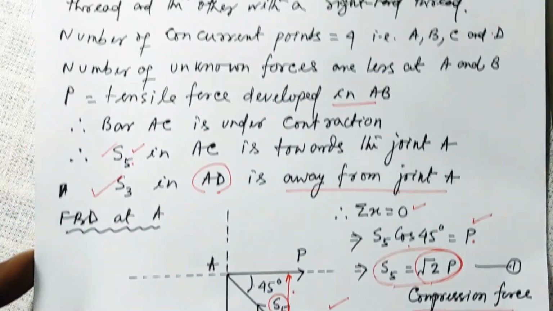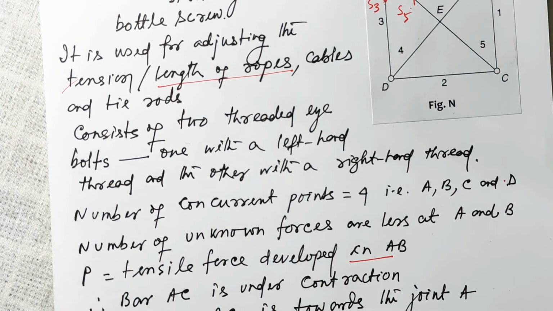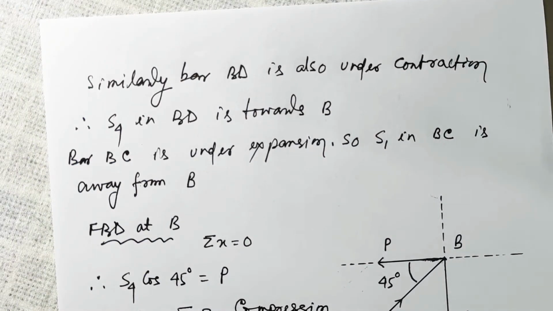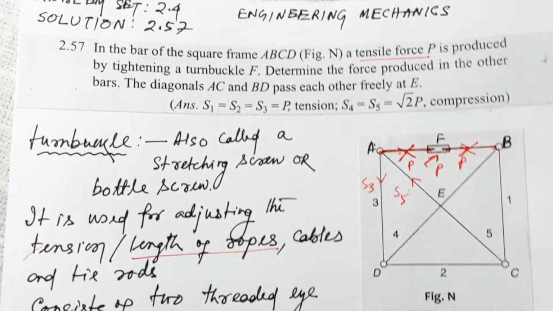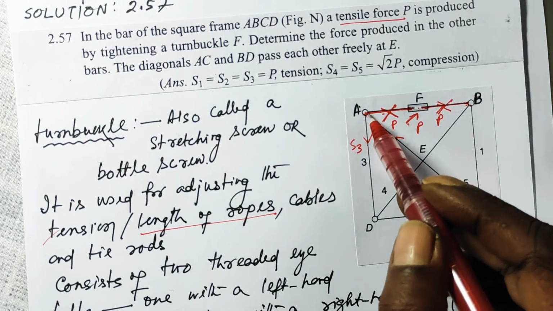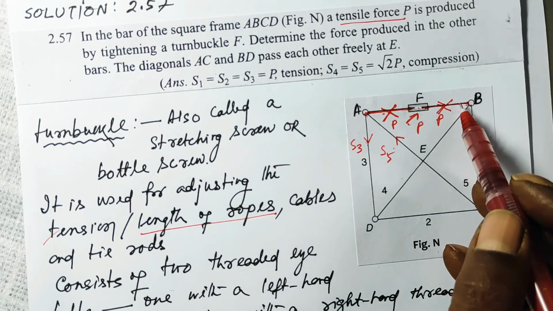Now let us apply the free body diagram at point B. Similarly, the bar BD is also under contraction. How? If this turnbuckle is tightened, the length AB will be reduced.